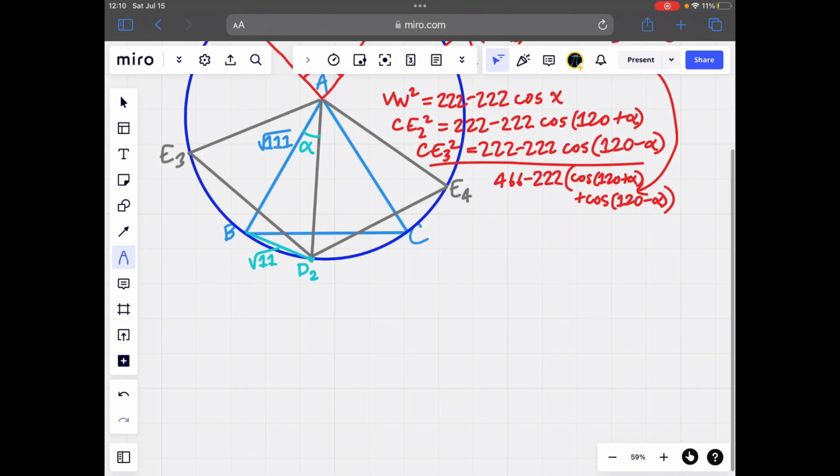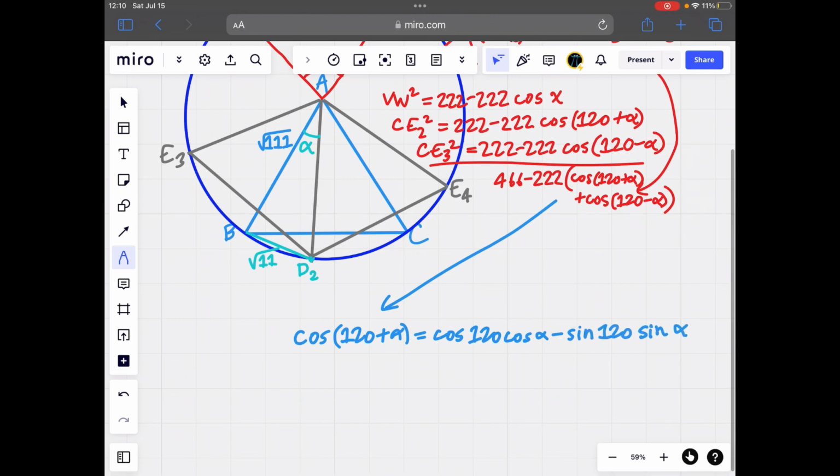We can now expand the stuff in parentheses by using the cosine addition and difference formulas. So first we have cosine of 120 plus alpha is simply equal to cosine 120 cosine alpha minus sine 120 sine alpha. And for cosine 120 minus alpha, that's going to be equal to cosine 120 cosine alpha plus sine 120 sine alpha.